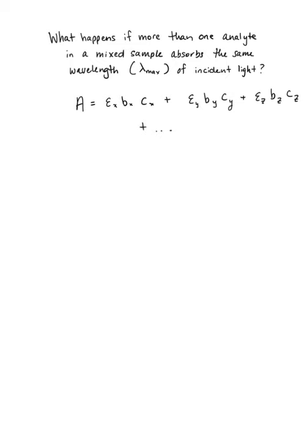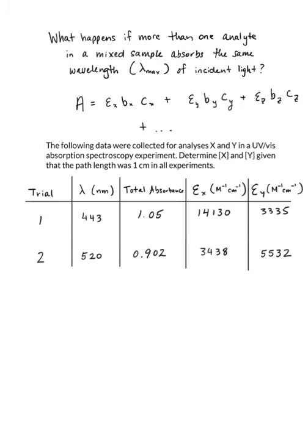It is possible to carry out a series of experiments that will independently be capable of analyzing for the concentrations of different analytes in a mixture, X, Y, Z, and so forth, by careful manipulation of our experimental technique. Here's an example. This technique requires that we know the molar absorptivities, epsilon X and epsilon Y, for our substances of interest, either having looked them up or analyzed them independently ourselves.